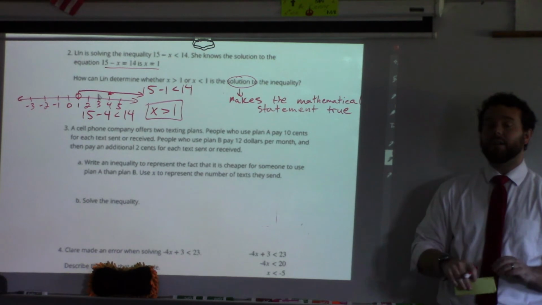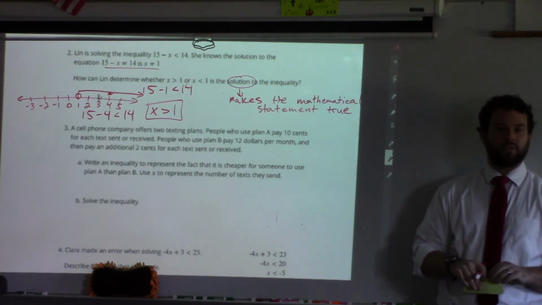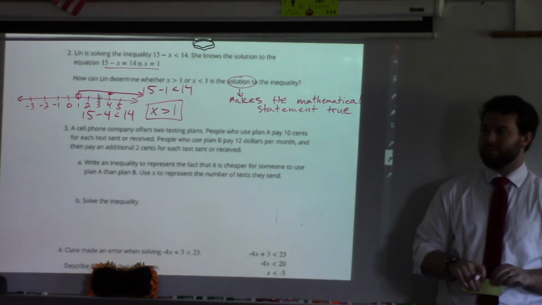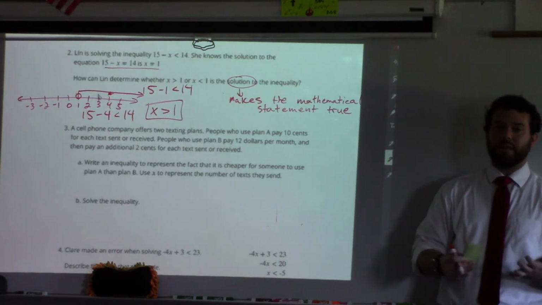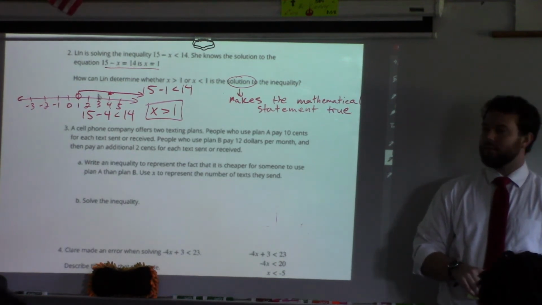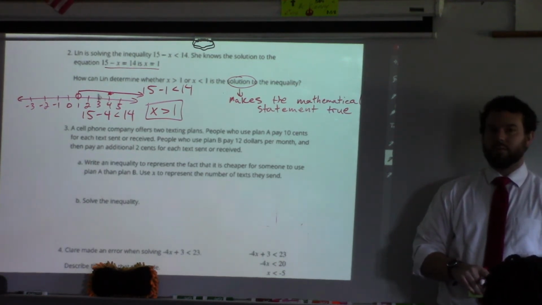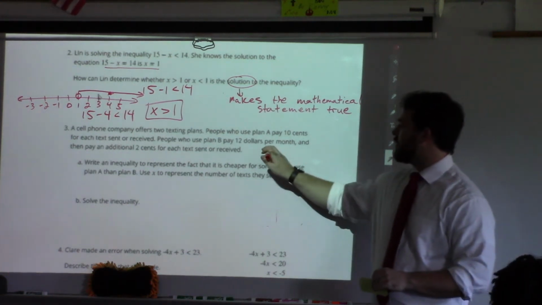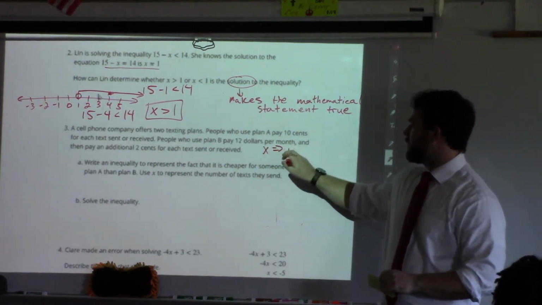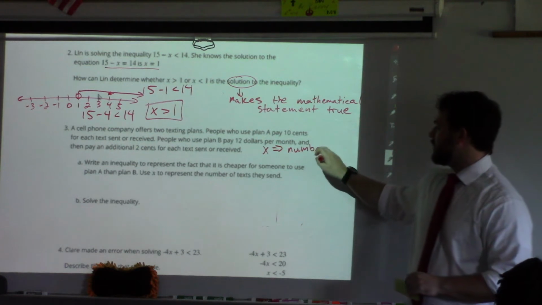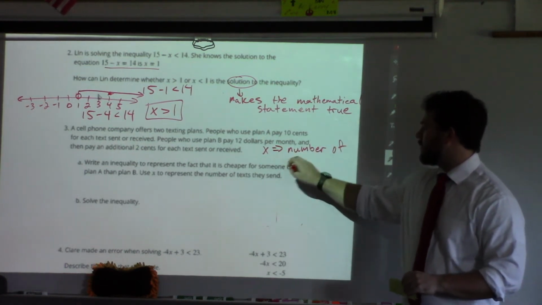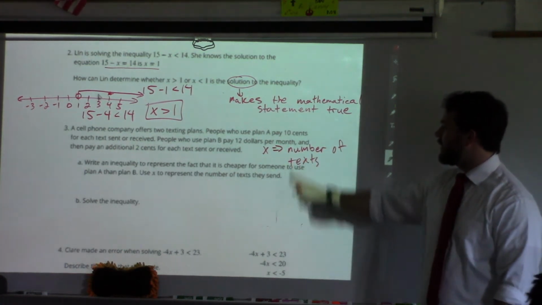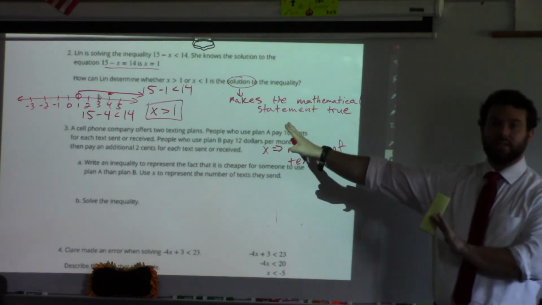What's the independent variable? 12? Variable. I mean, it could be x, but what would the x represent? Oh, the month, not the months, the, what's it called? How many times you text. Each text sent and received. Notice how it's 10 for, first off, is 10 a variable?